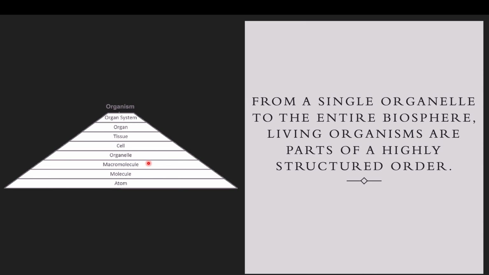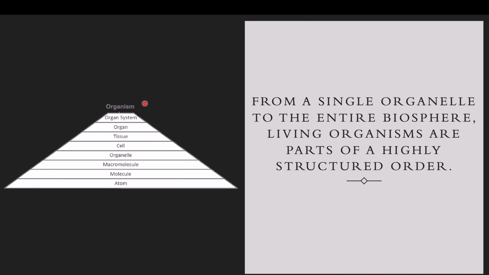Molecules work to form macromolecules, macro meaning large, basically forming a large string of molecules. Together, those will form organelles, which then work within cells. Cells form tissues. When they are alike, those tissues then form organs, which form organ systems that make an organism, like for example, a human.